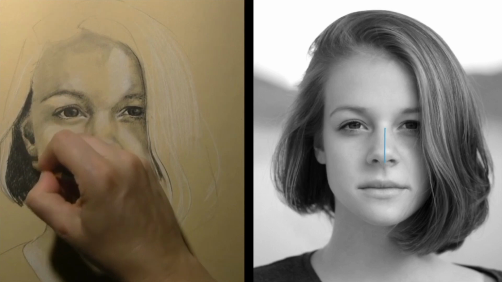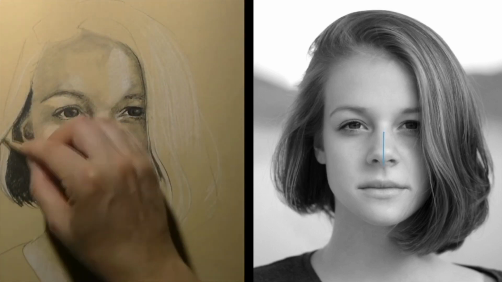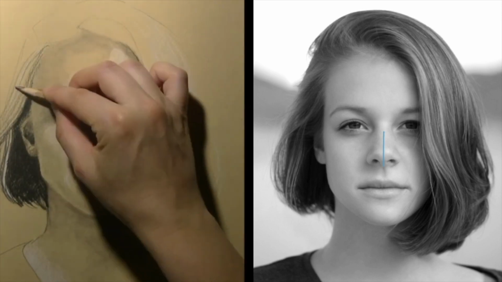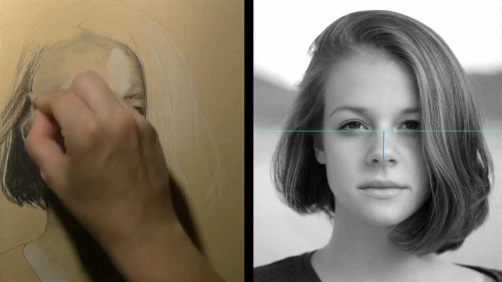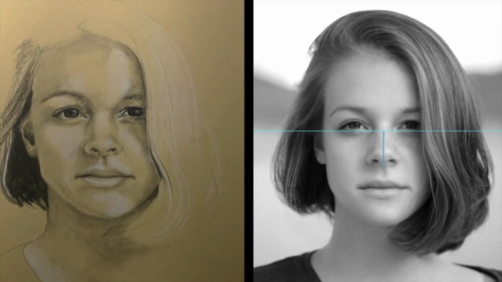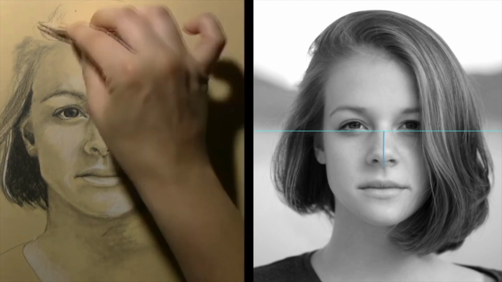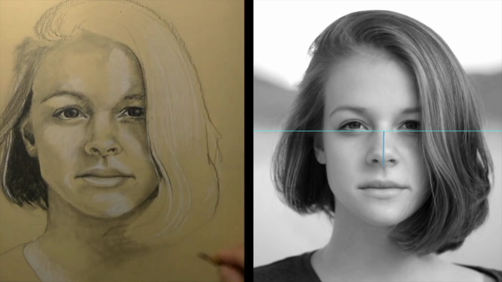So, but now it's the width, and we're comparing it to the height. And as you can see, from the tear duct down, it fits the whole nose. So the width is the same as the length of the nose.